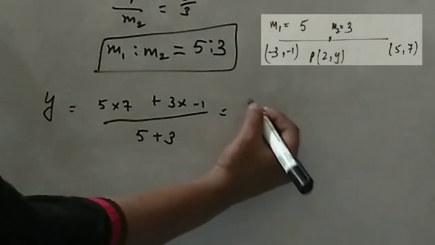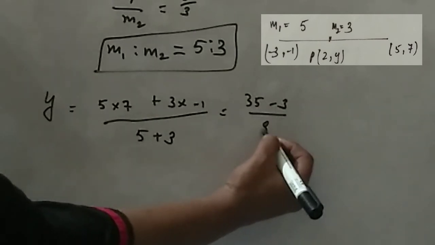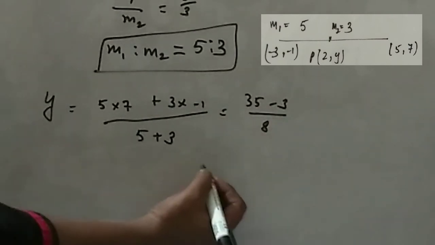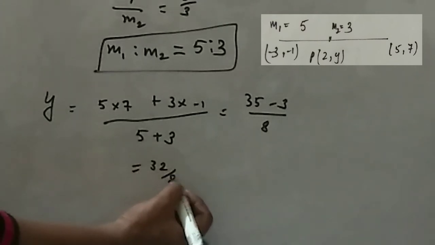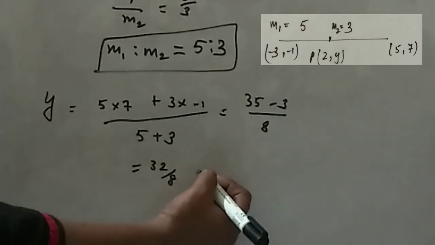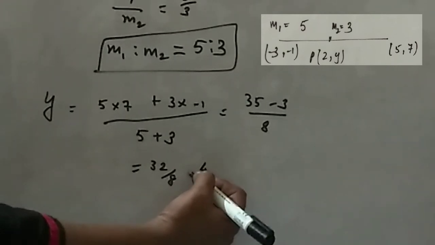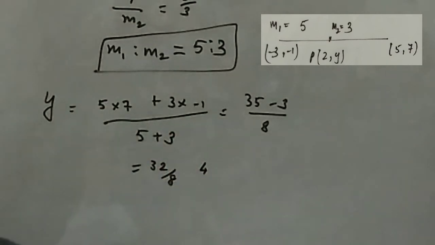So you will get (35 - 3) upon 8, that is equal to 32 upon 8, divided, you will get 4.